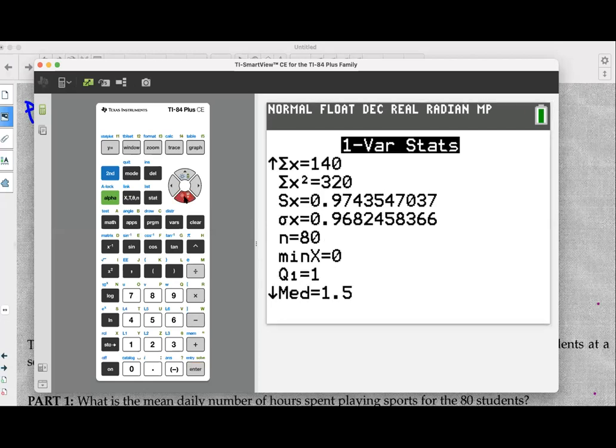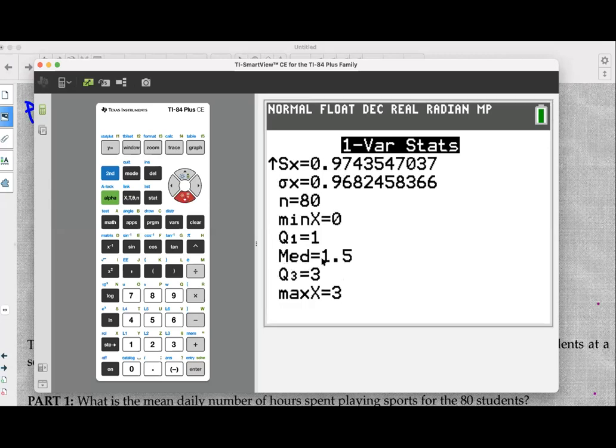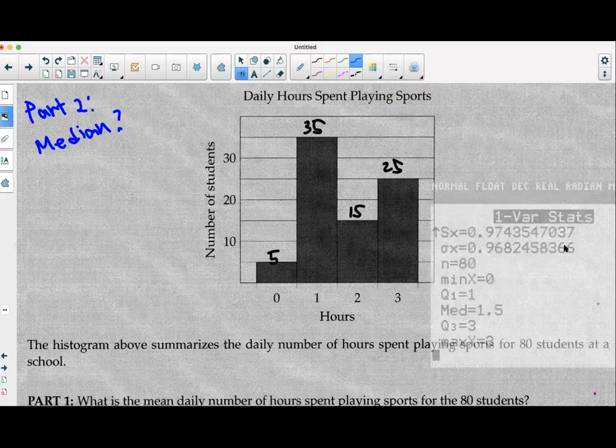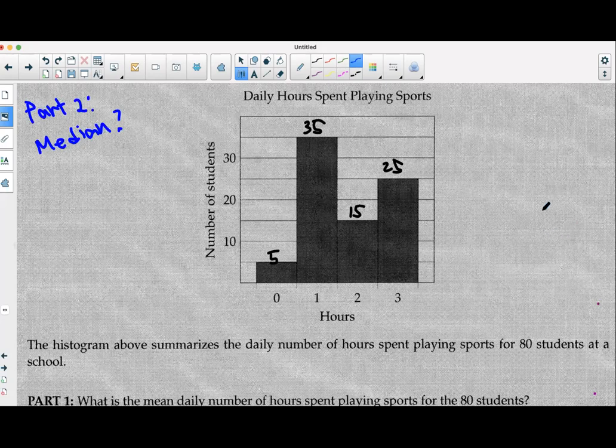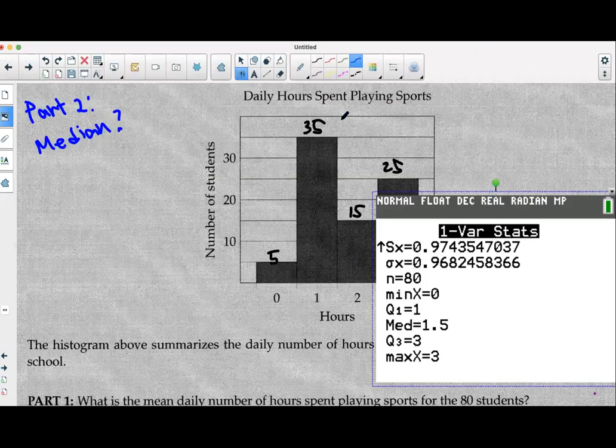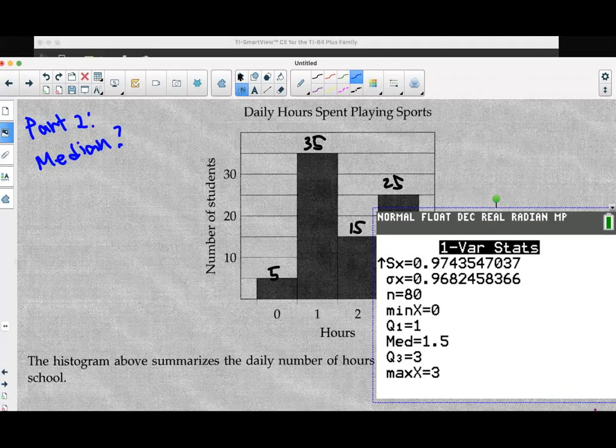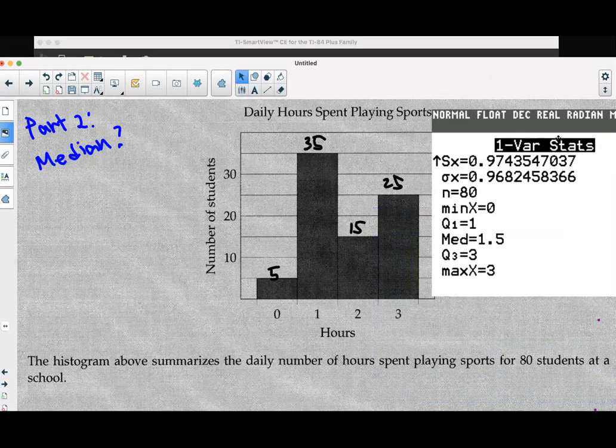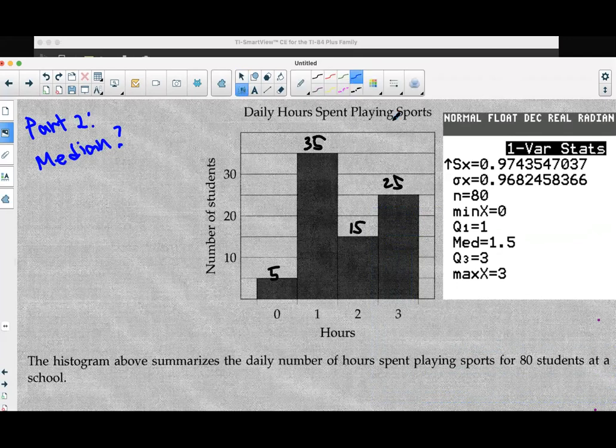If you go down a little bit, do you see med? Here, med is the median. And you can say it's 1.5.